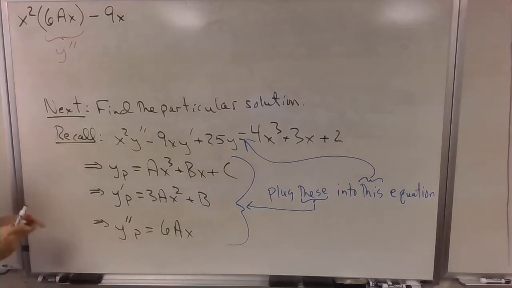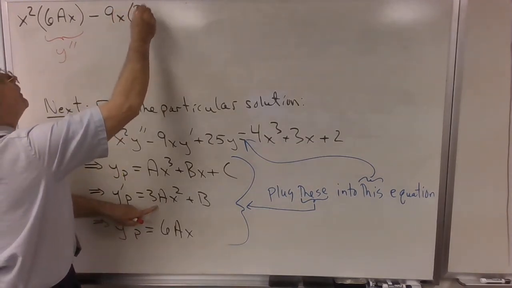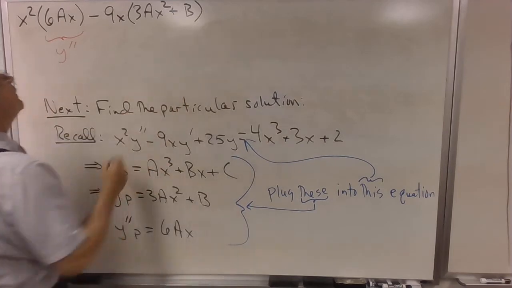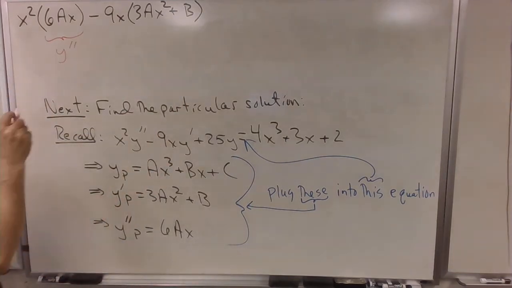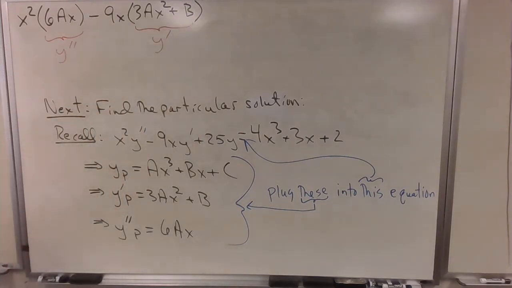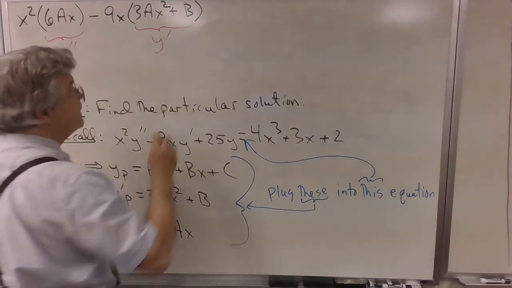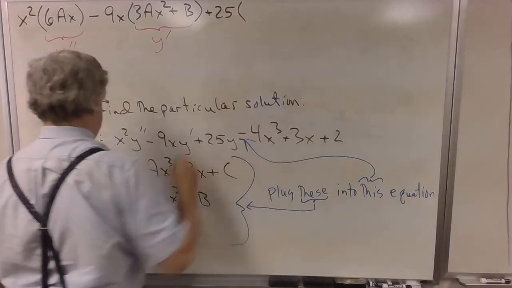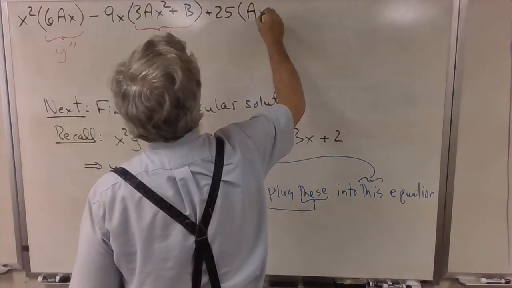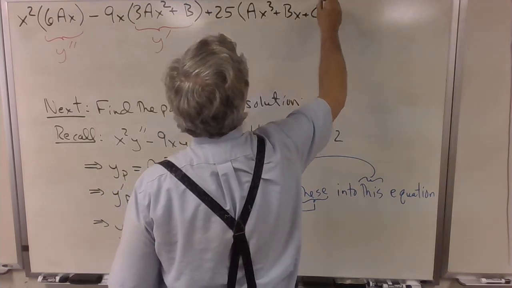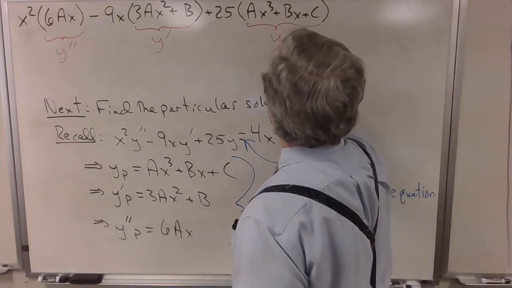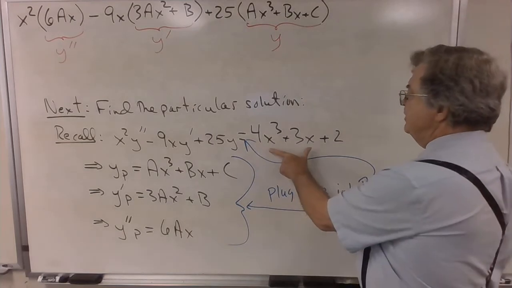And y prime is 3ax squared plus b. And then we have 25y. y is ax cubed plus bx plus c. And that's supposed to equal this mess.